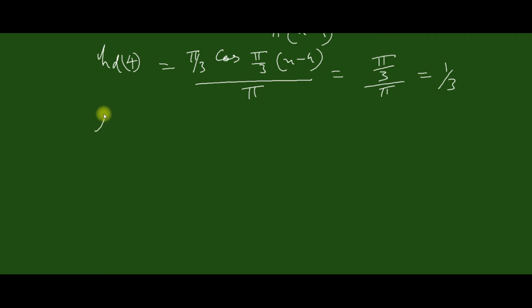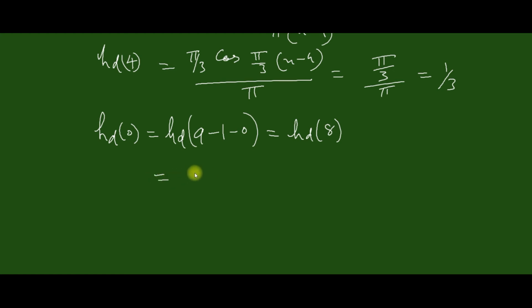Now hd of 0 equal to hd of 8, sorry, 9 minus 1 minus 0, which is equal to hd of 8.